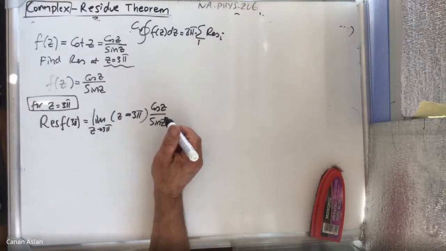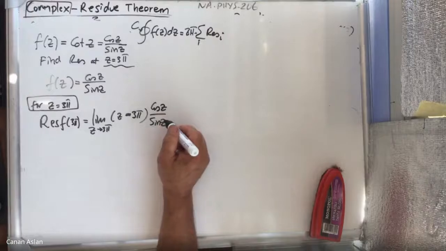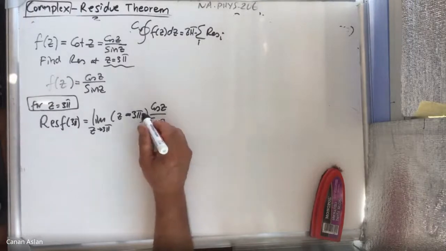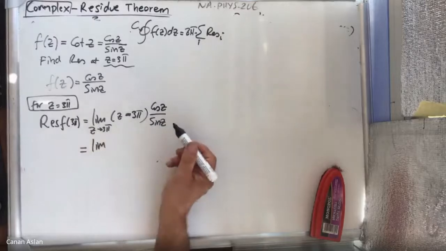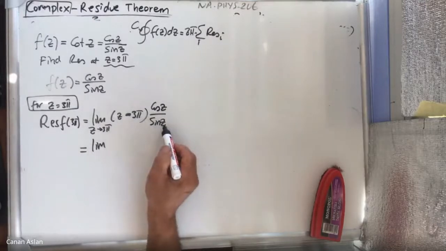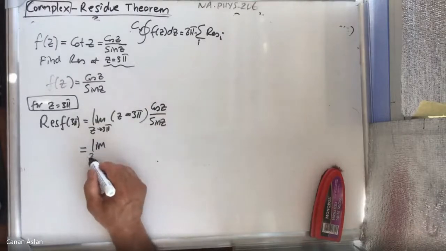Now, let's look at this thing. It looks like there is a problem because this didn't get rid of this sine z in the denominator. So what can we do? But now look what's happening.